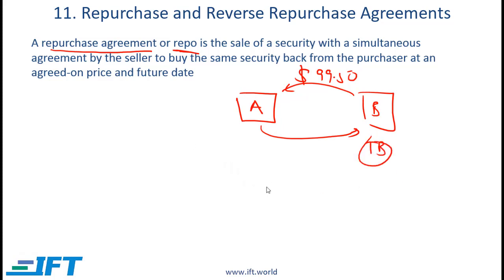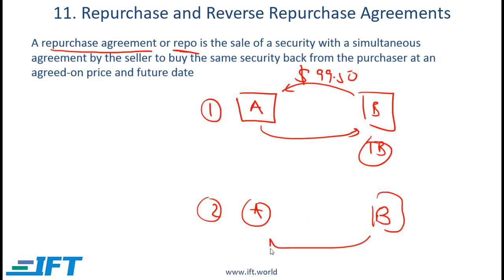So if this is day one, the next day what happens is that A is going to buy the T-bill back. So B will give the T-bill back to A, and A is going to return $99.51. So this effectively is a way for A to borrow $99.50. The next day A is paying $99.51. The 1 cent is the interest and the T-bill is the underlying collateral.